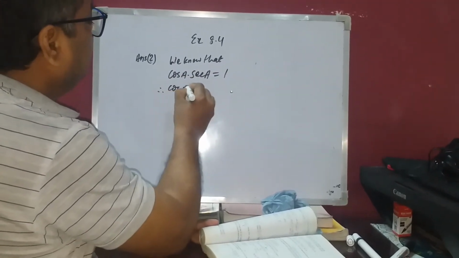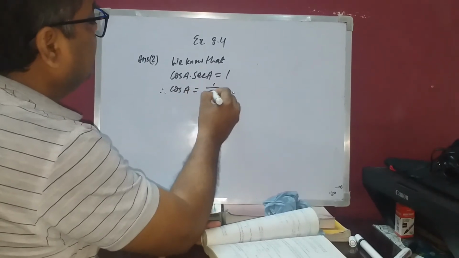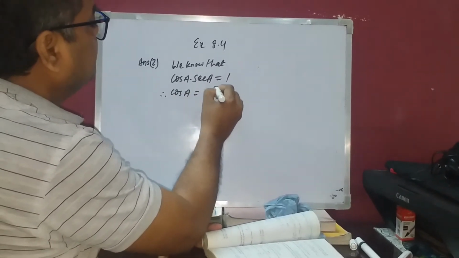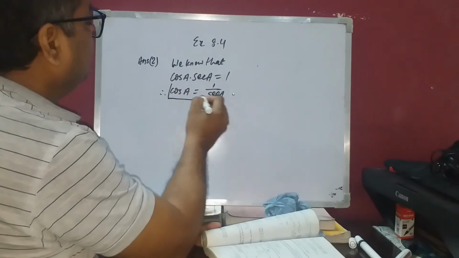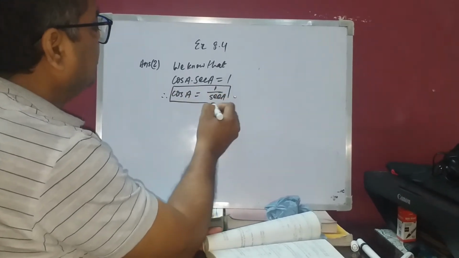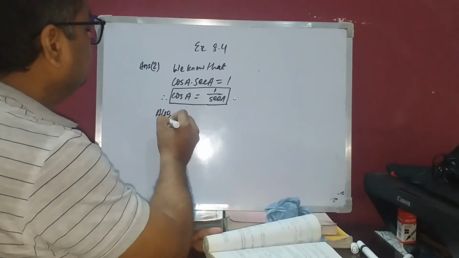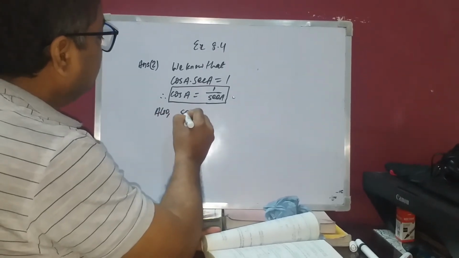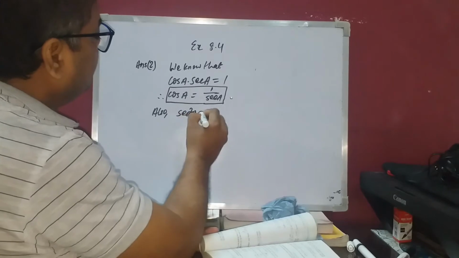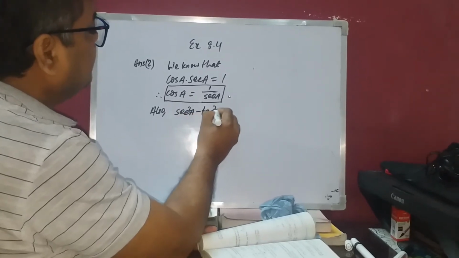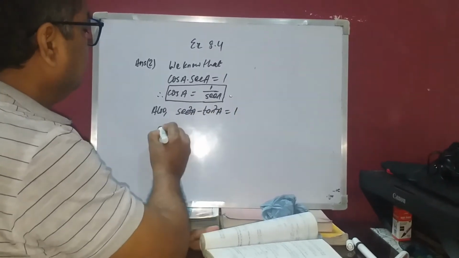Therefore cos A is equal to 1 by sec A, and this is the conversion of cos A in terms of sec A. Also, sec square A minus tan square A equals 1.